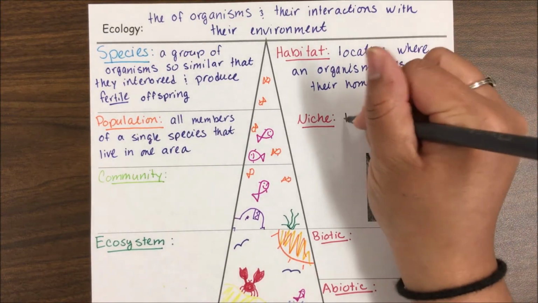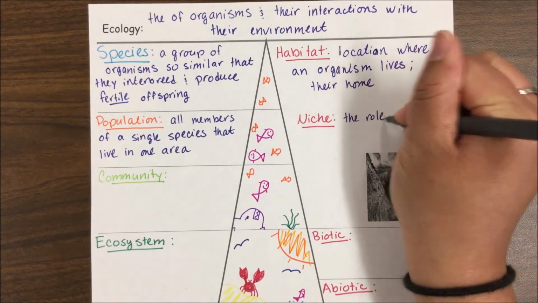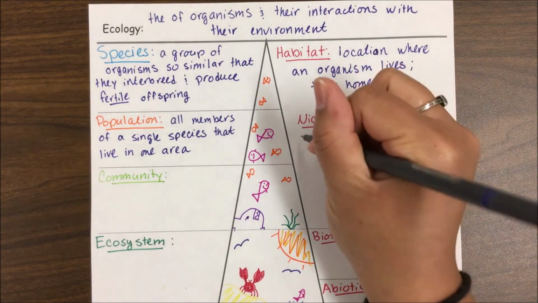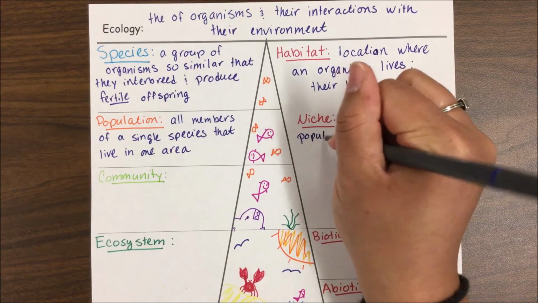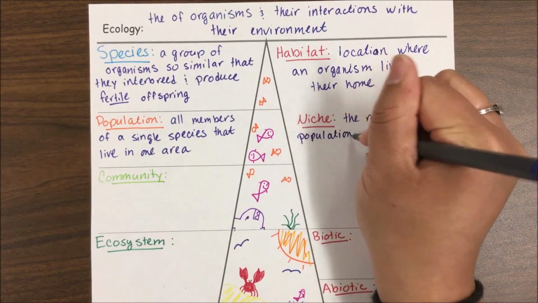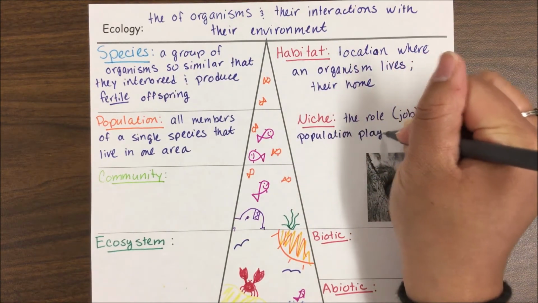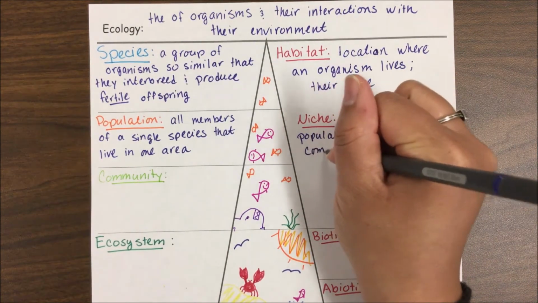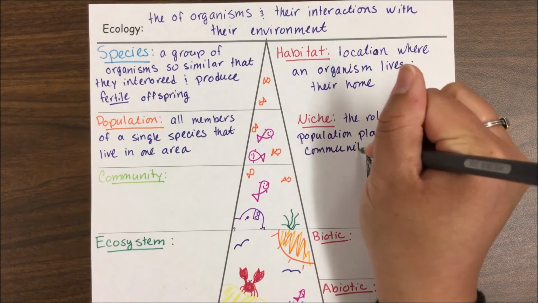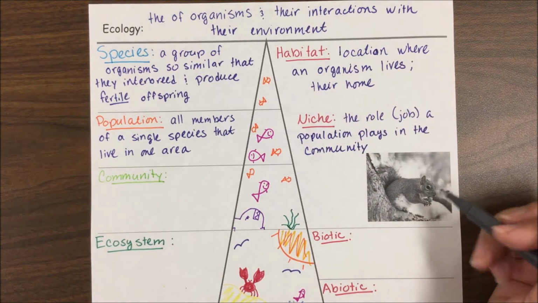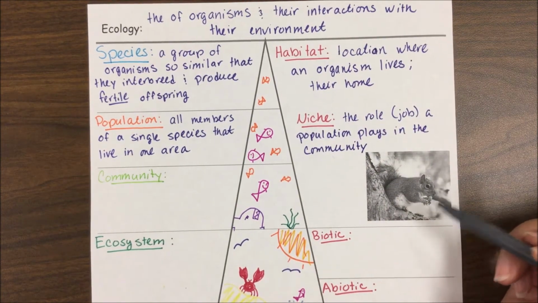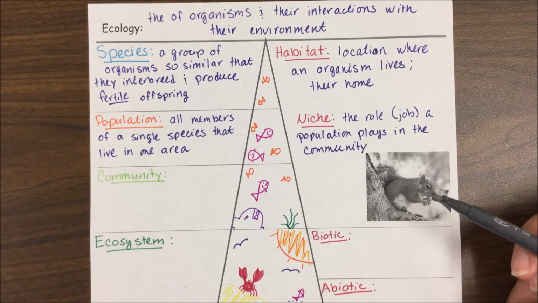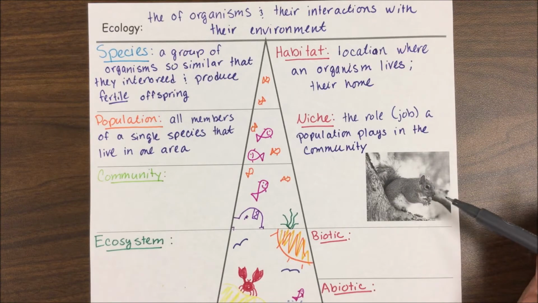A niche is the role or job a population plays in the community. For example, this little squirrel right here, we know he lives mostly up in the trees. Sometimes they come down to the ground and scavenge for nuts.